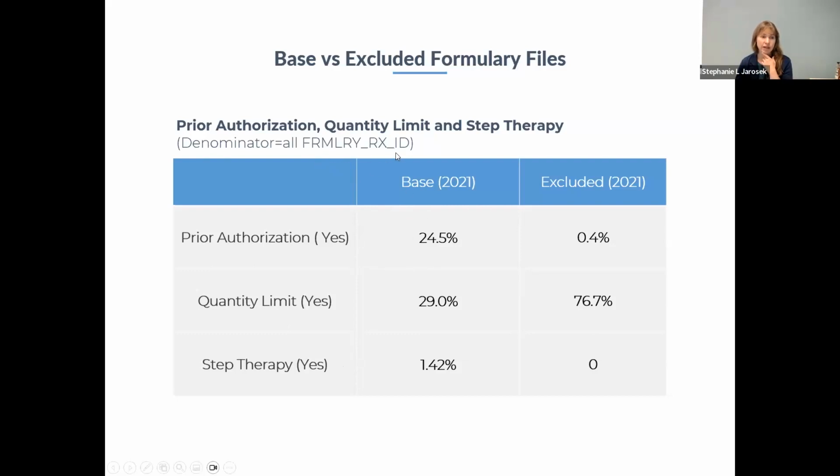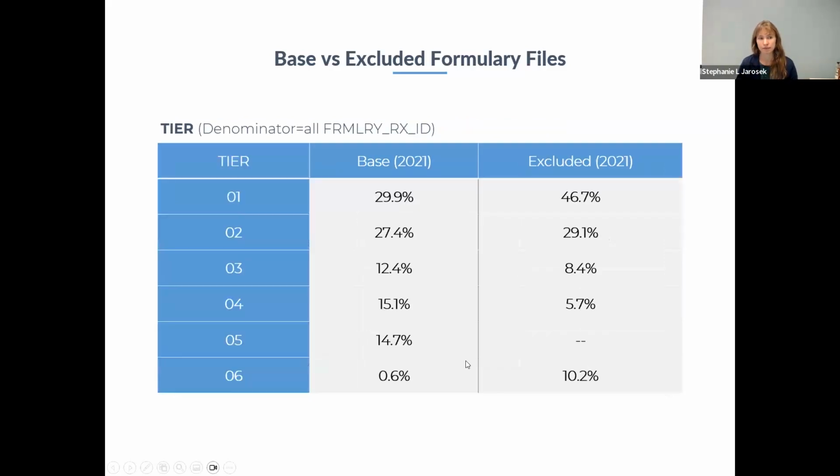So this isn't drugs filled, this is just drugs covered. There's also step therapy required for covered drugs. But once we get to the excluded file, it's most common that there would be a quantity limit versus other utilization management. I think that's just because of the types of drugs being covered under each.